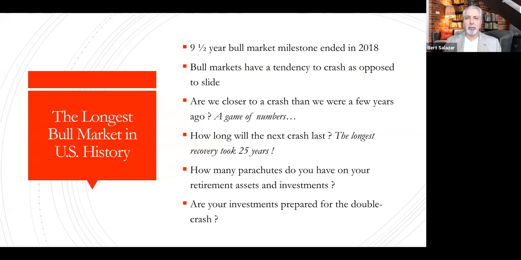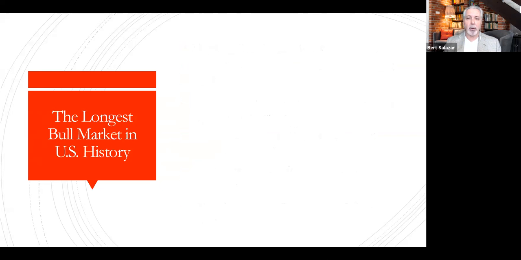On top of the market taking a drop and you losing 10, 15, 20, 25, 30%, you also have to take distributions in order to maintain your standard of living. That compounds the negative effect of that negative return for that year. So you may very well be experiencing a double crash that you had never forecast before.